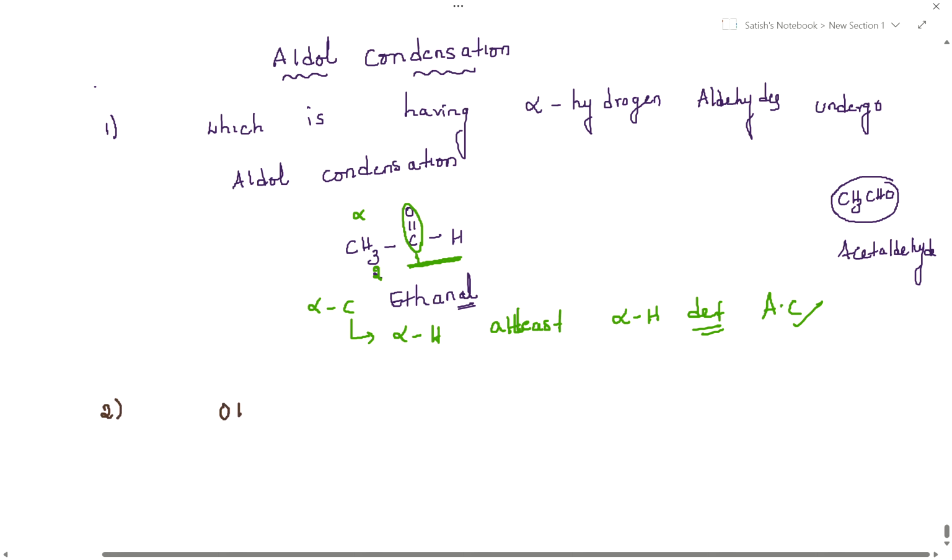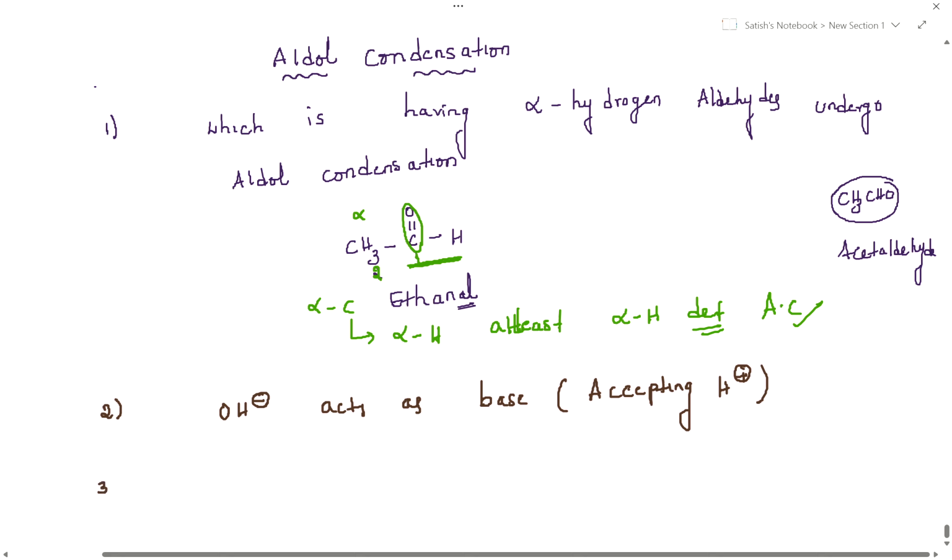Here OH minus is in low concentration, and high concentration means it will undergo the Cannizzaro reaction. With low concentration, OH minus acts as a base. What will a base do? Accepting hydrogen, accepting H plus proton. Clear?